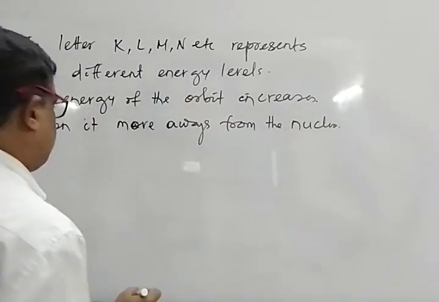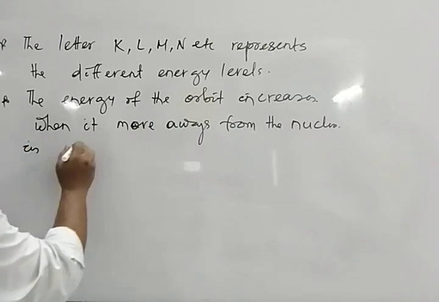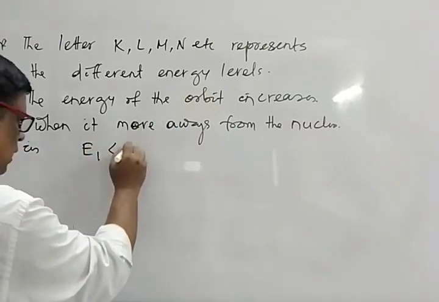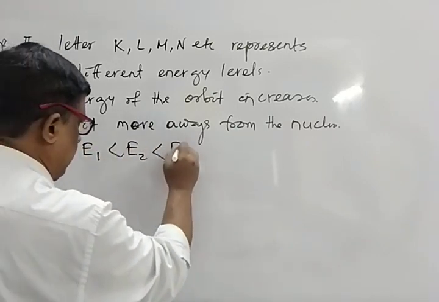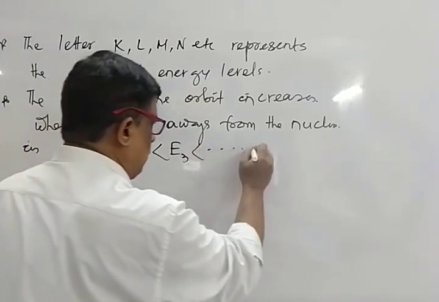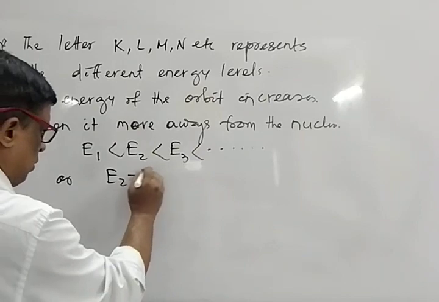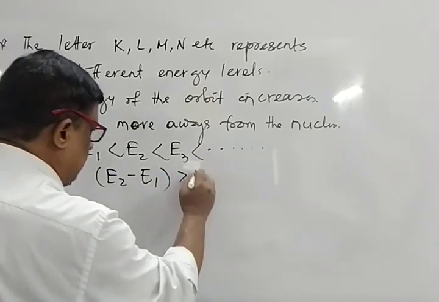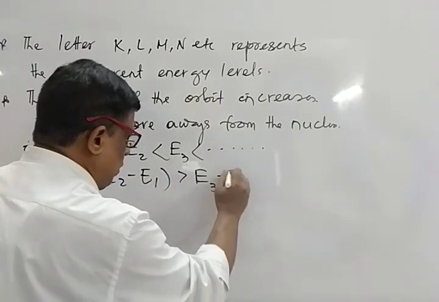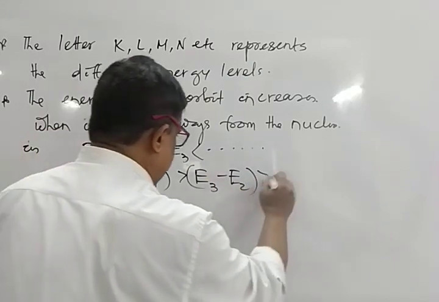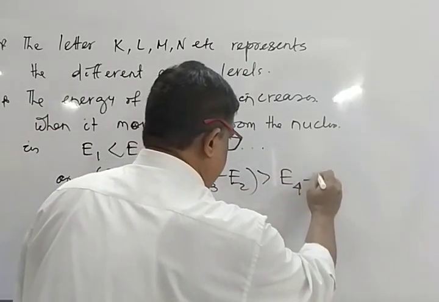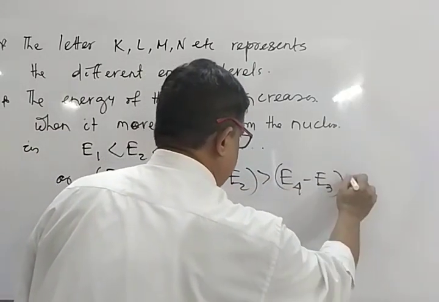That means E1 is less than E2 less than E3, and so on, or one can say that E2 minus E1 is greater than E3 minus E2, which is greater than E4 minus E3, and so on.